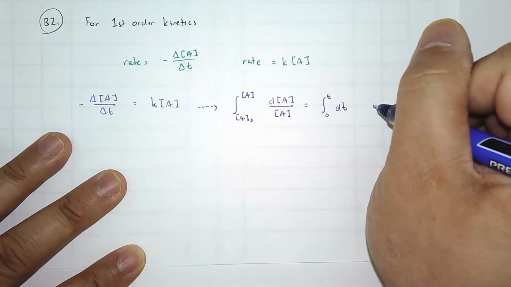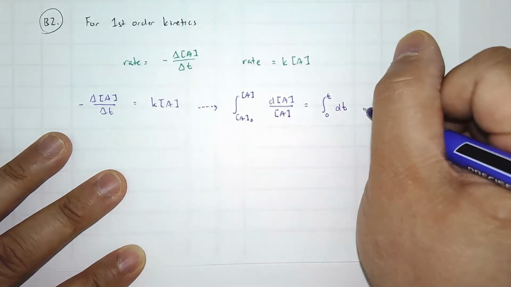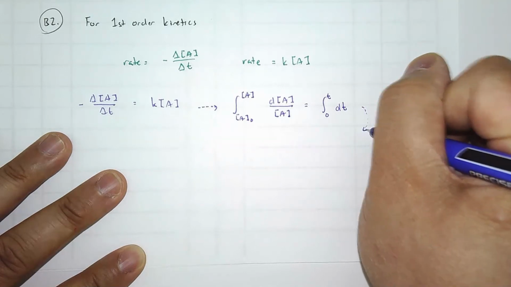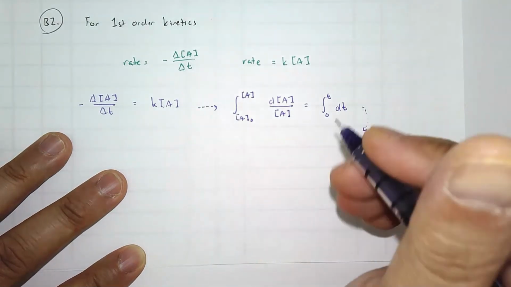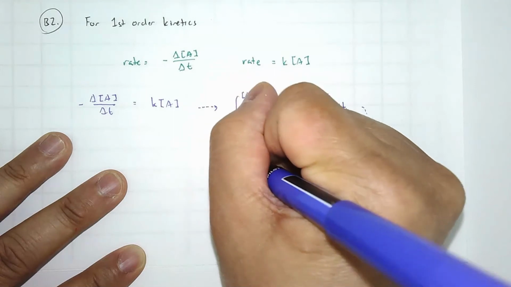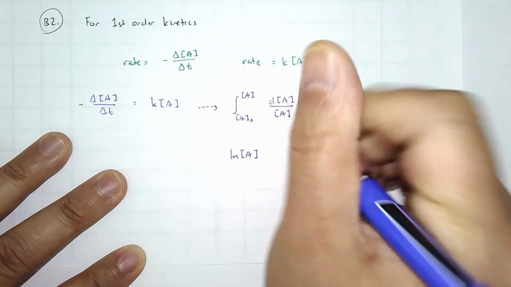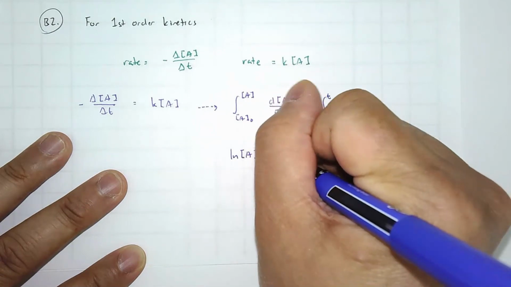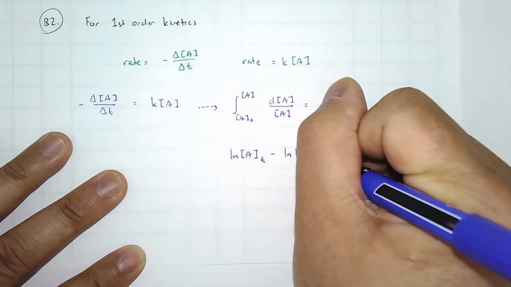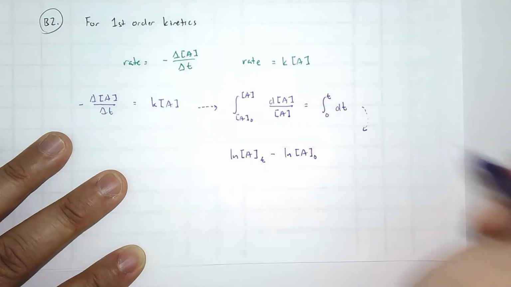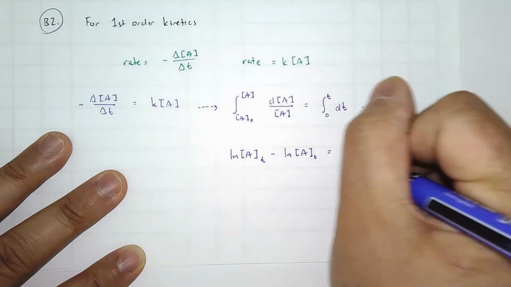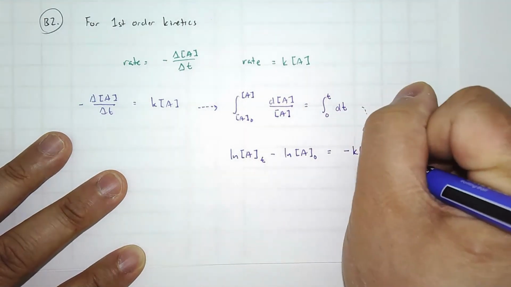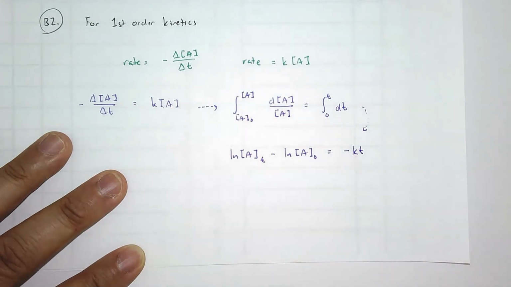And then that simplifies or evaluates to what? That evaluates to actually ln of A at time t minus ln of A original concentration equals, again, negative kt as before. Good.